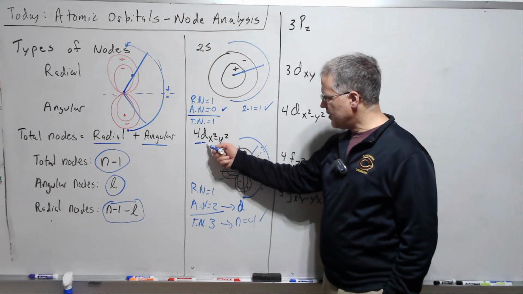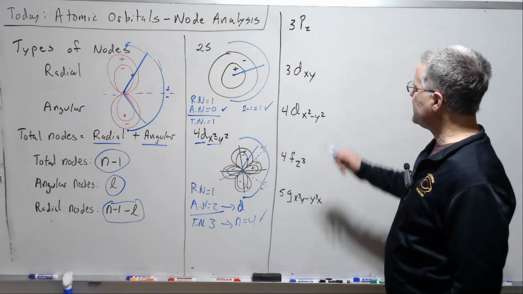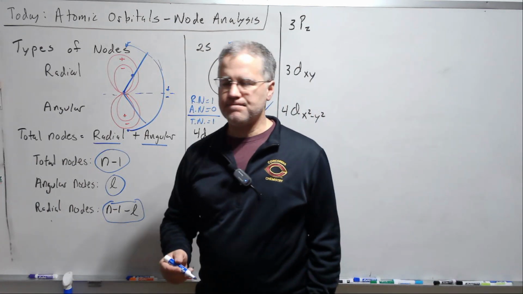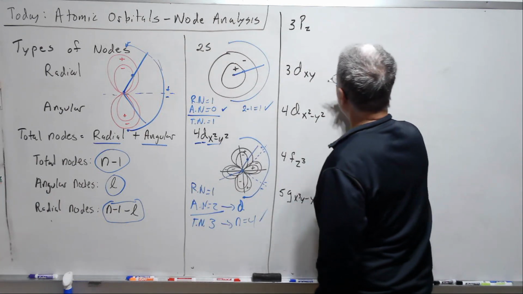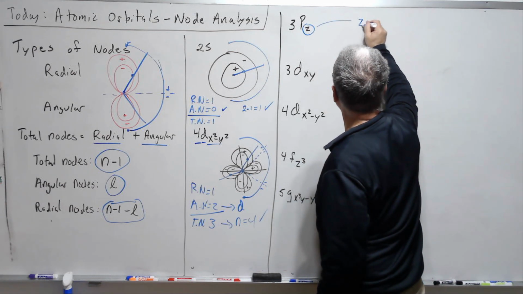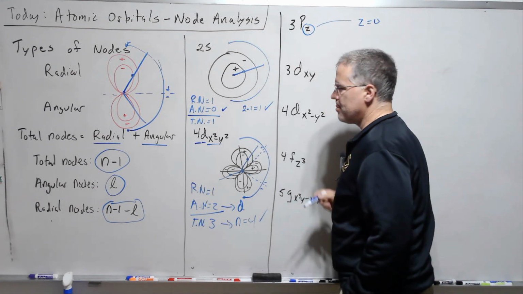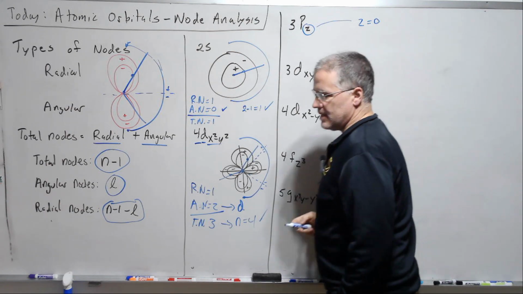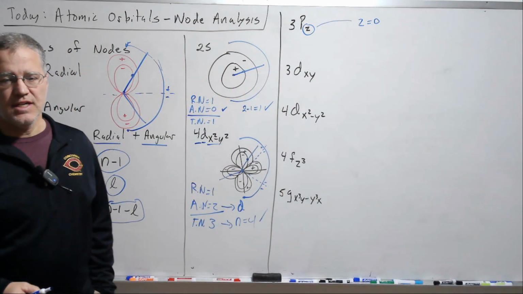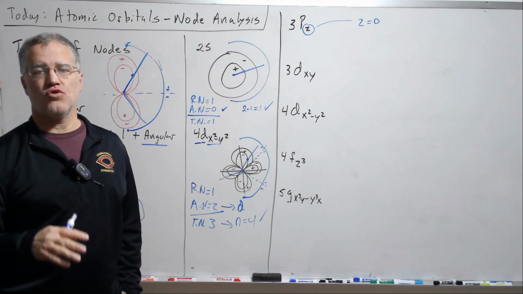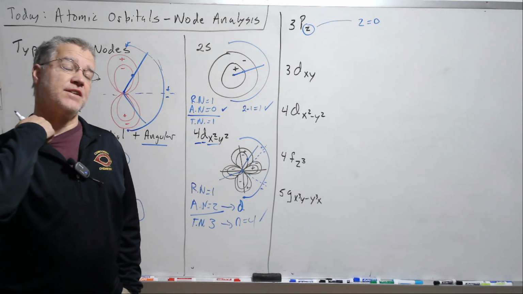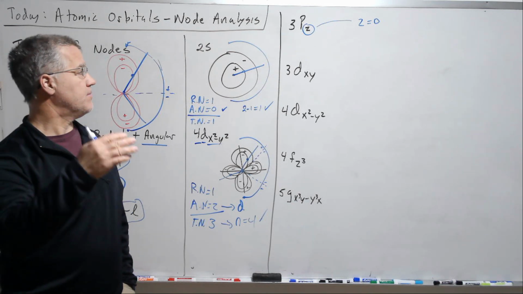Okay, well, what about that? Let's take a look at these subscripts and see what they say. What you do with the subscript is you take that subscript and you set it equal to 0. And so here, for the pz, we get z equals 0, and that defines the nodal plane. The node is where it's 0. That defines the node, whatever that shape may be.